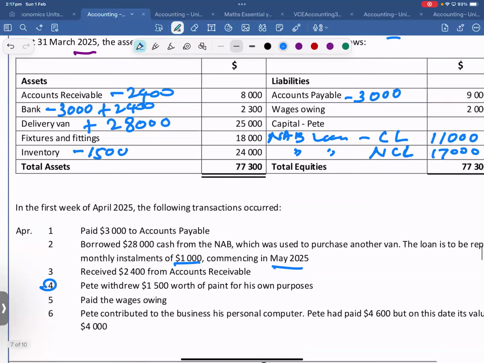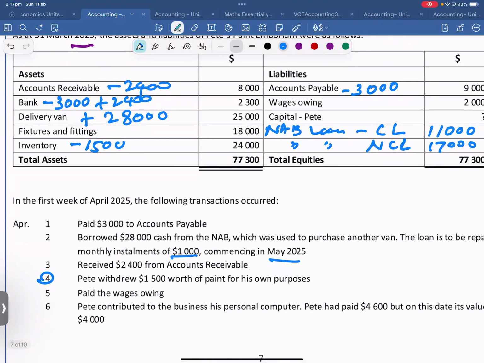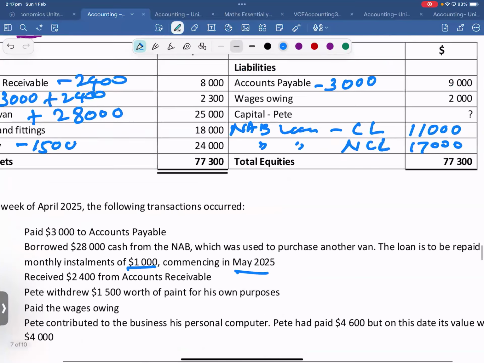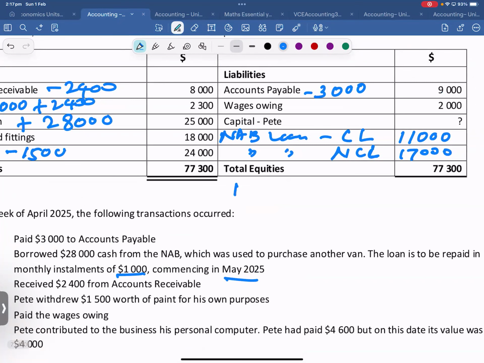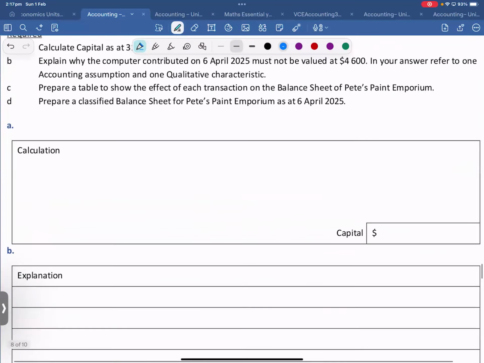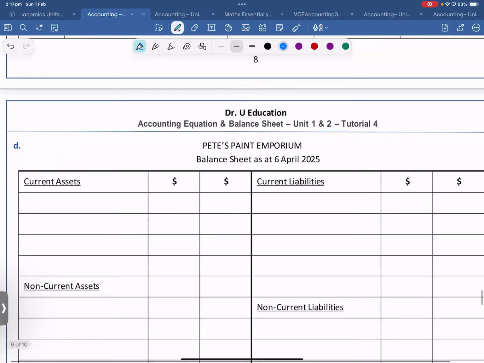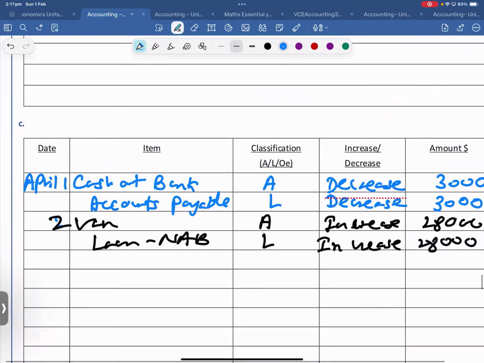Now this one I'll help you. Whenever the owner withdraws something, it doesn't matter cash or any other asset, we call them drawings. We will say 1,500 drawings, actually drawings increase 1,500. Even though we say drawings increase, it has a negative impact on the owner's equity. So I will give you like this. We'll go to the table. The table is going to be on the 4th.